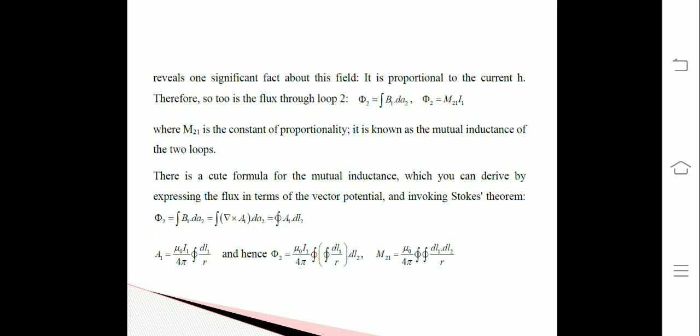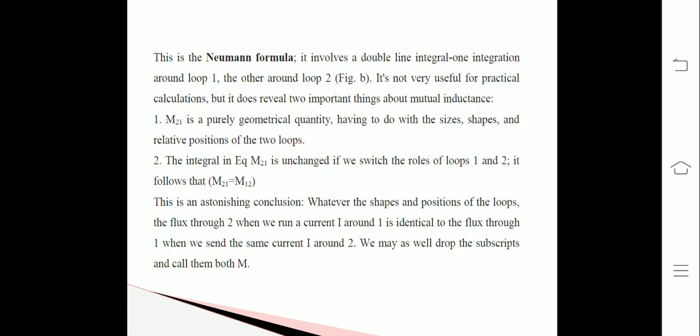This gives the mutual inductance M21 equal to mu naught by 4 pi double closed integral dl1 dot dl2 by r. This is the Neumann formula.